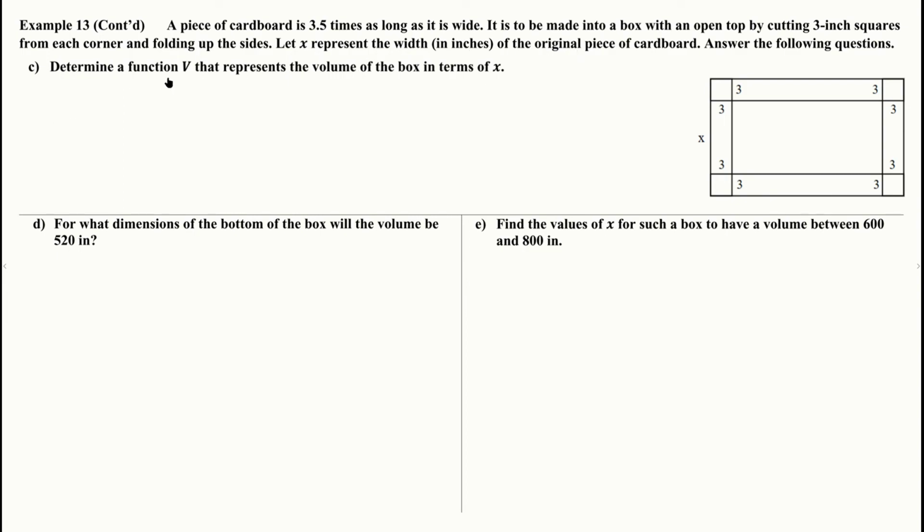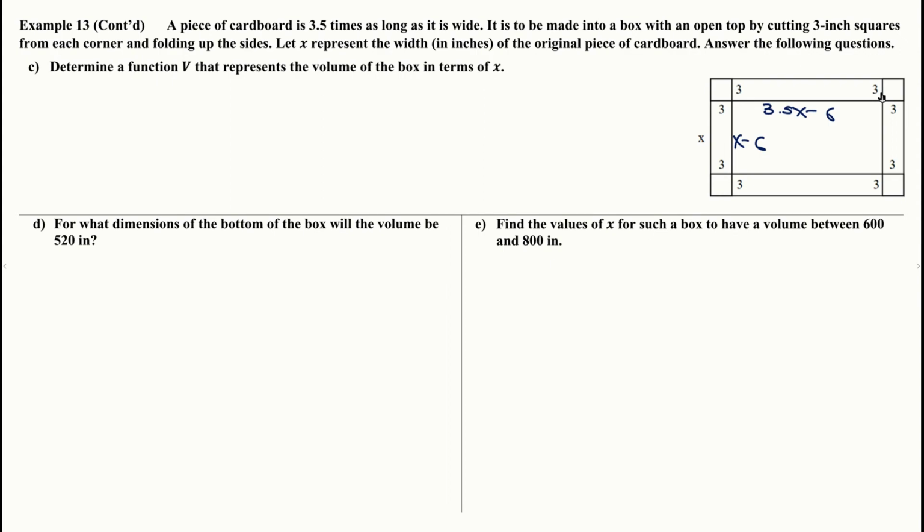Now we want to find the function v that represents the volume of this box, right? Now remember, once this box is folded up, the sides of the box or the rectangular solid are going to be x minus 6 by 3.5x minus 6, and then the height of the box is going to be what? The 3. Remember, this part, this part, this part, and this part are going to get folded, right?